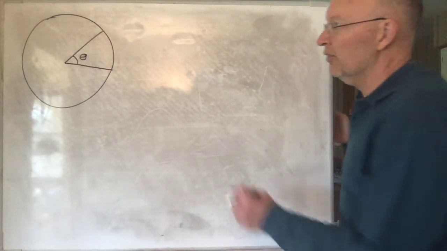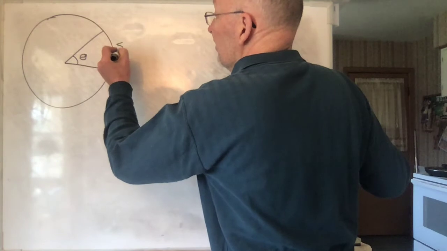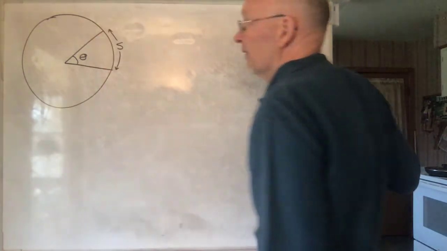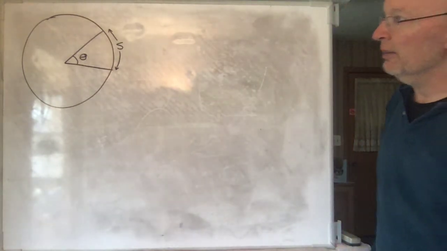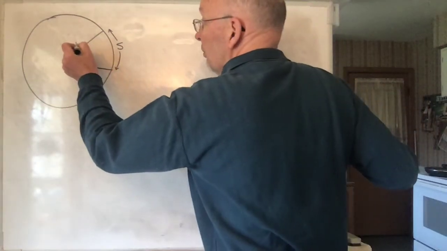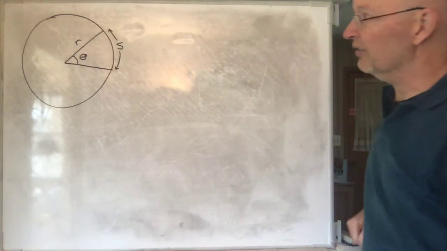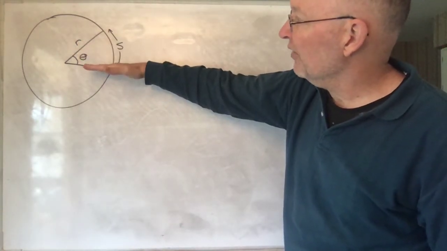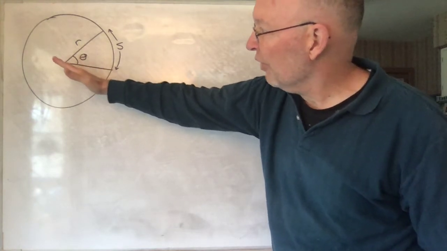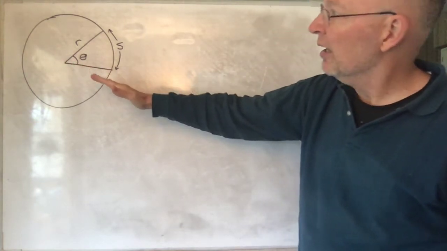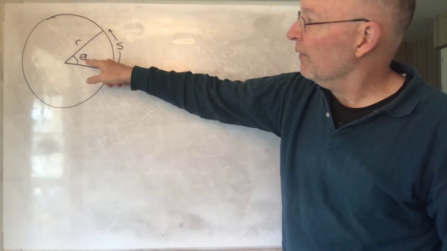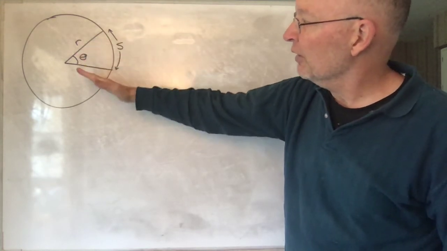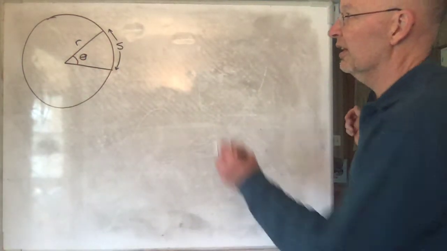And the way we do it is we say, okay, let's let this S stand for the length of the sector of that portion of the circle there, and we'll let R be the length of the radius. Then we notice that if the radius stays the same, but if S increases, then the angle is also going to increase proportionally. So in other words, we can think of this angle as being just the ratio of S over R. As S increases, the angle is going to increase.